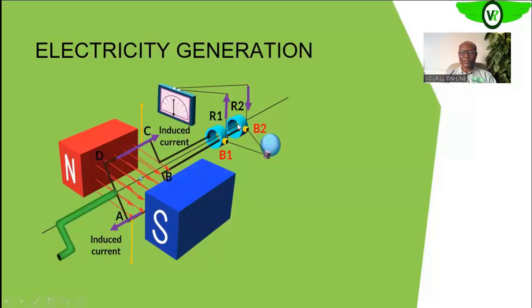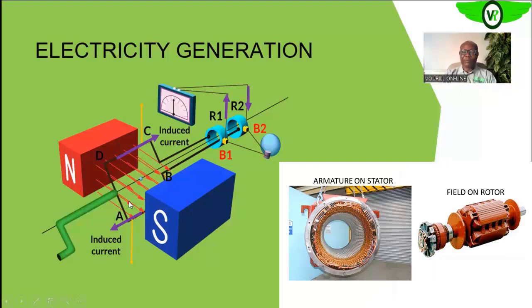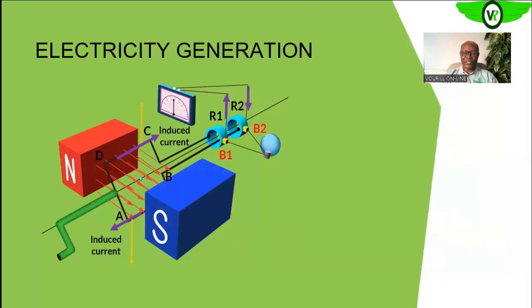We will explain the function of the slip rings later. So that's the conductor, and this conductor is what will now form the armature in your generator, as we explained earlier, because that is the part that your electricity or EMF is induced into.